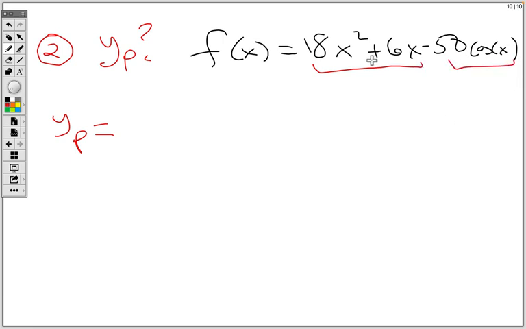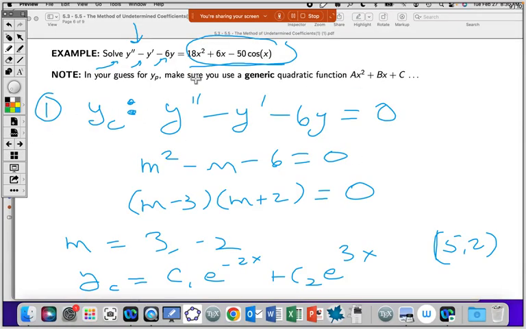For the polynomial part, since we're plugging this into a constant coefficient equation, when you plug a polynomial into a constant coefficient equation, the highest power of the polynomial is going to be at the level of y, right? Y is going to have the highest degree because as I start taking derivatives of polynomials, those powers are going to decrease.